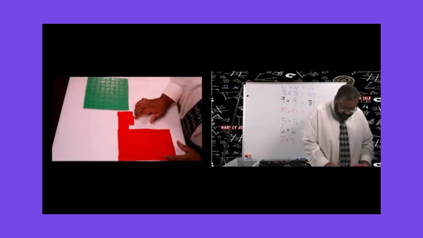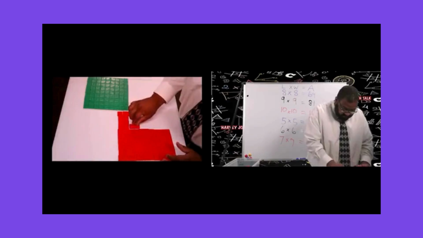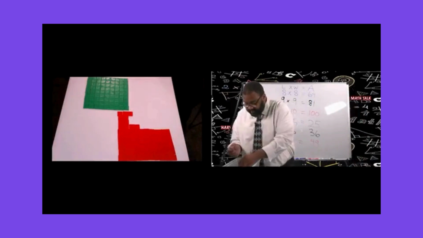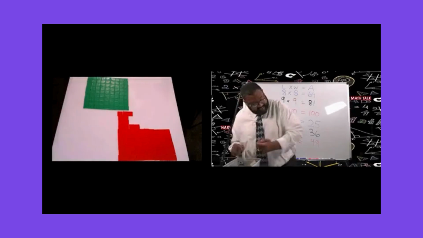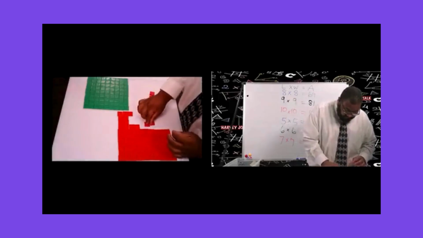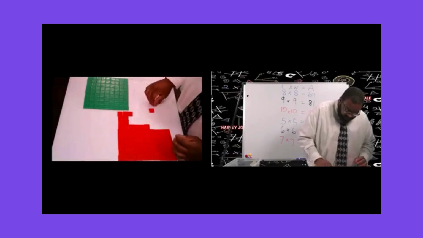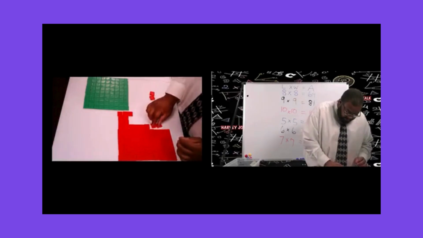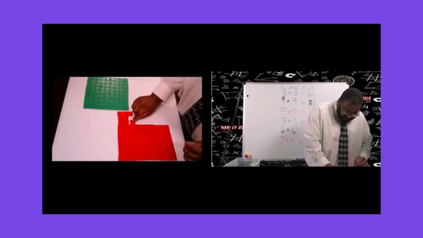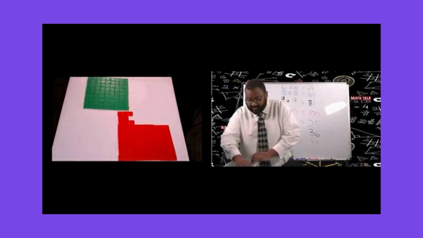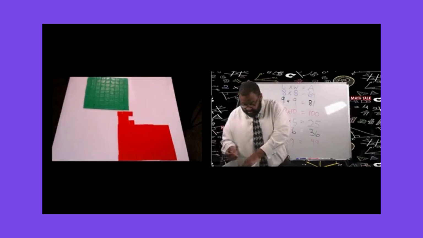Wow, 100 total tiles. Thank you for bearing with me. Right now we're building a 10 by 10, which is going to be a total of 100 tiles. And once again, this is the last perfect square that I am going to be doing for tonight.